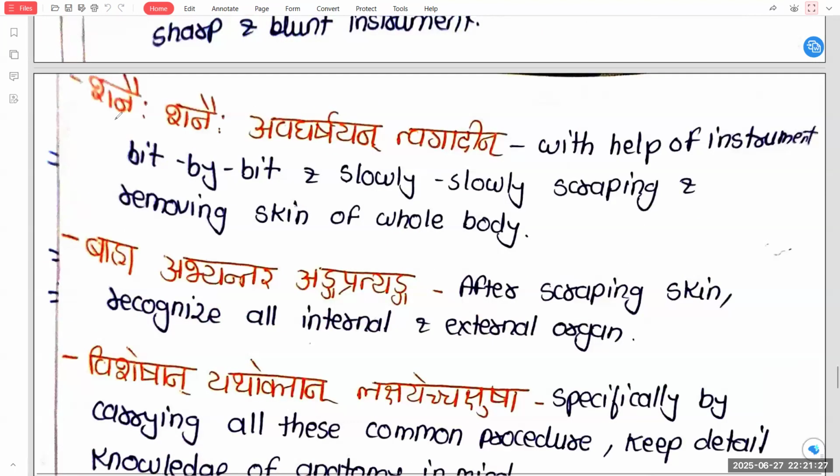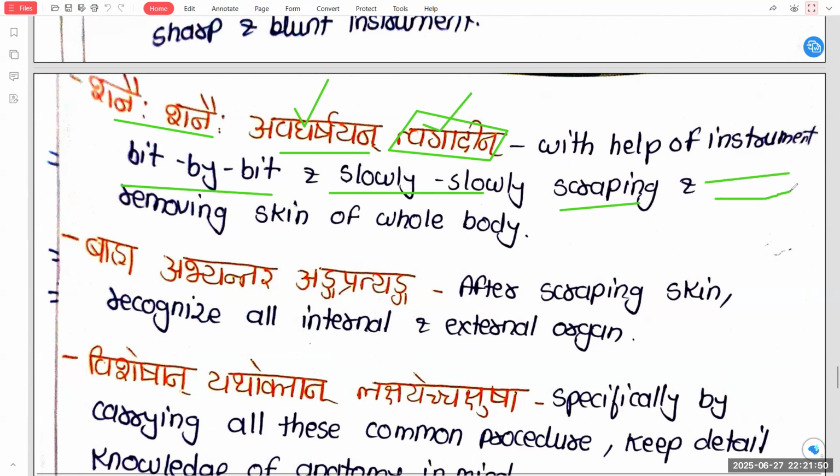One should do shanaihi avagharshayan tvaga adina. Okay. Shanaihi means slowly, bit by bit, one layer after another. Avagharshan means scraping. What should we scrape? We have to scrape the tvaga adin, that is the layers of the skin. Okay.